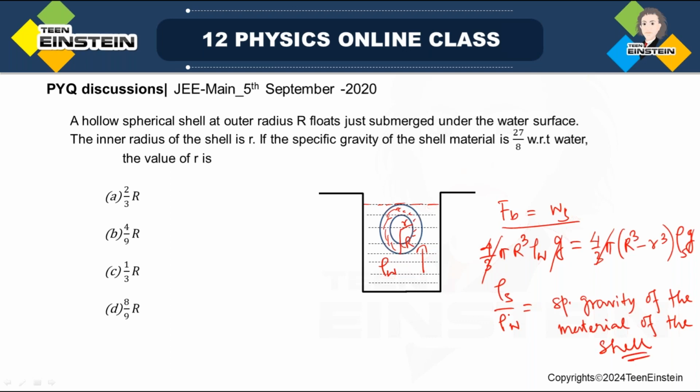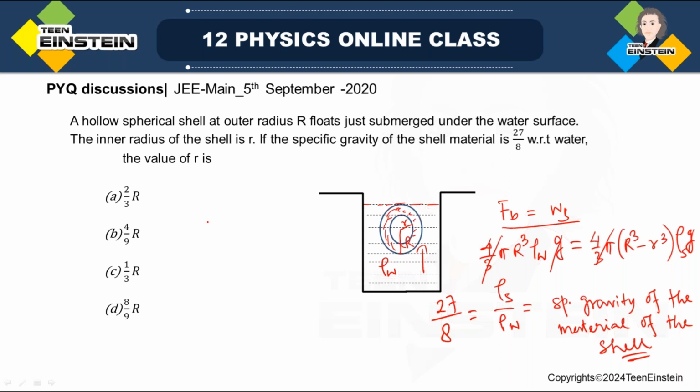Specific gravity means the ratio of the density of the respective material to the density of the water. So this is given.